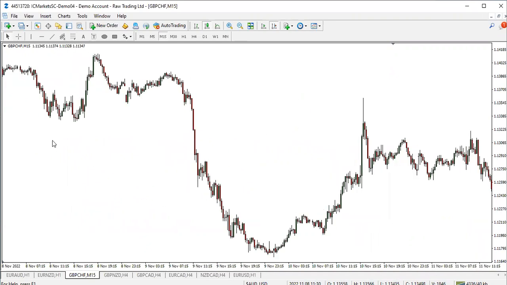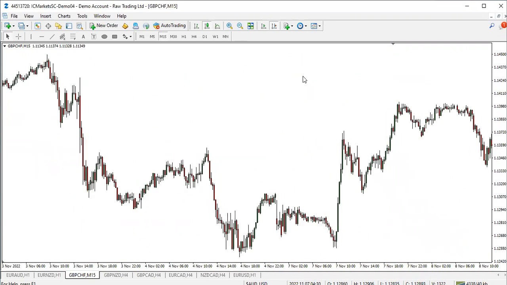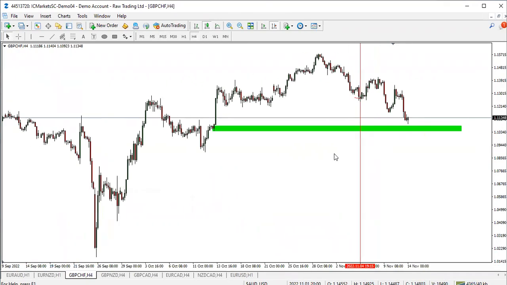On the 15 minutes, to get something like this, a W here with a break of neckline, this neckline being broken by this candle, and that makes for a valid buy. So that's what I'll be looking to get in this zone for me to buy.